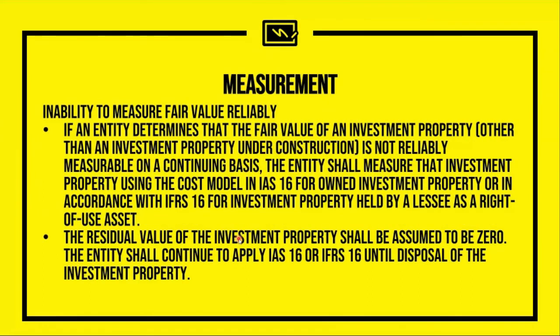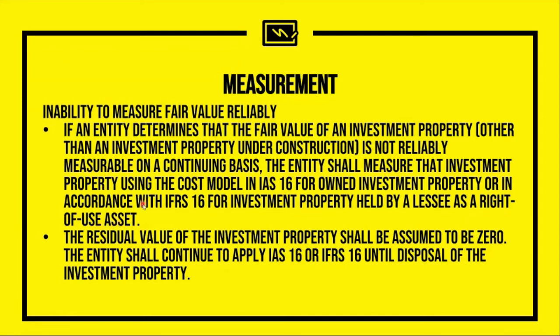Second case. If an entity determines that the fair value of an investment property, other than the one that is constructed, is not reliably measurable on a continuing basis, the entity shall measure the investment property using the cost model in IAS 16 for owned investment property, or in accordance with IFRS 16 for investment property held by a lessee as a right-of-use asset.